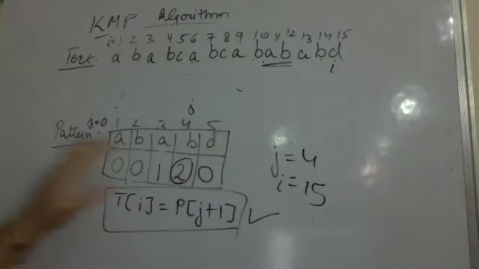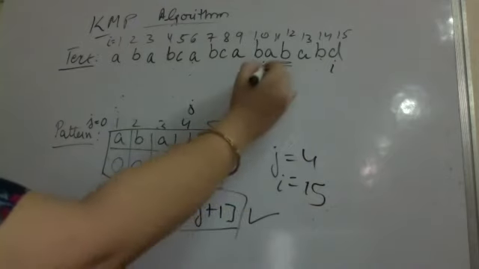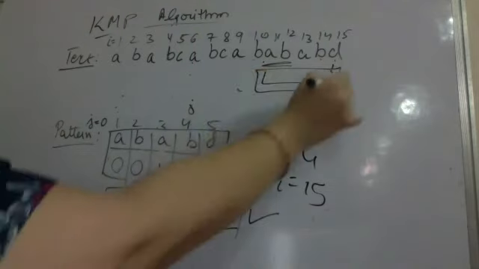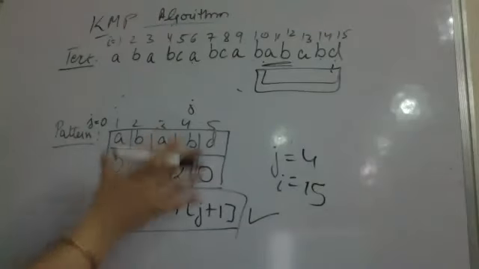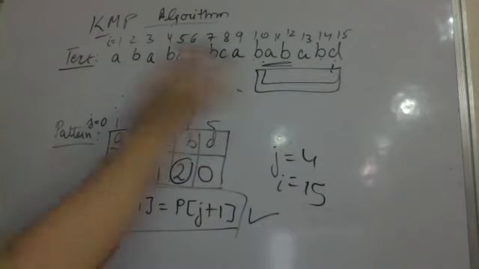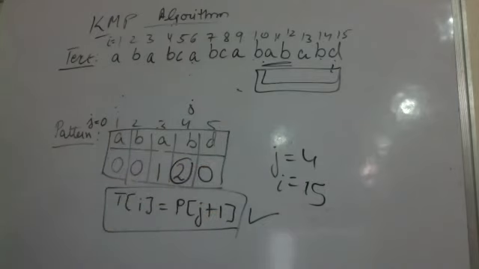My entire pattern has been matched. I have found a match here. Whatever is the value of I after this match, minus 5 is the shift where I am finding the original pattern. This is how the Knuth-Morris-Pratt algorithm, or the KMP algorithm, works.